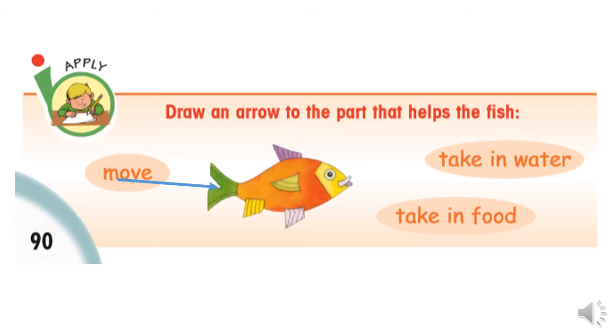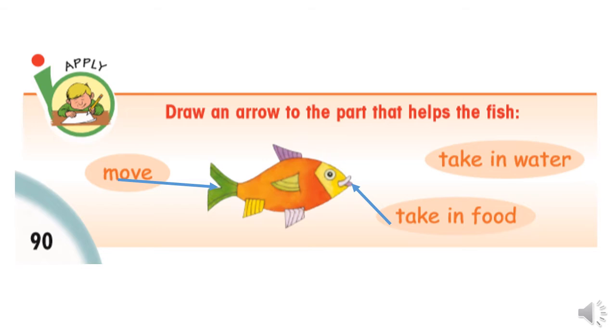Now take in food. What is the part that is used by the fish in order to allow the food to enter its body? The food enters the fish body by its mouth. Excellent, guys. And take in water, which means allow this fish to breathe.